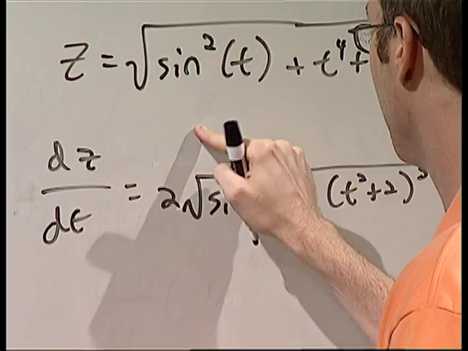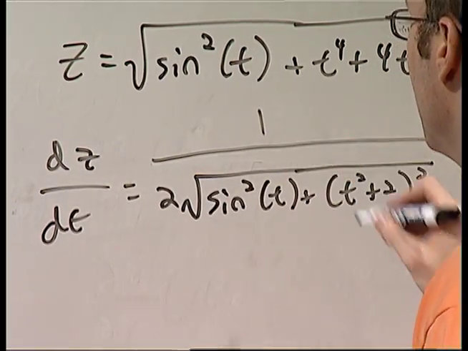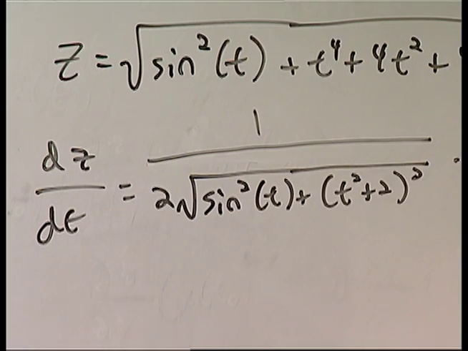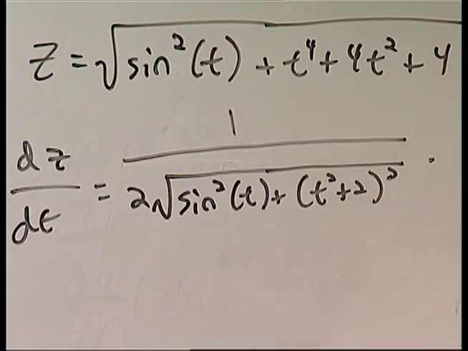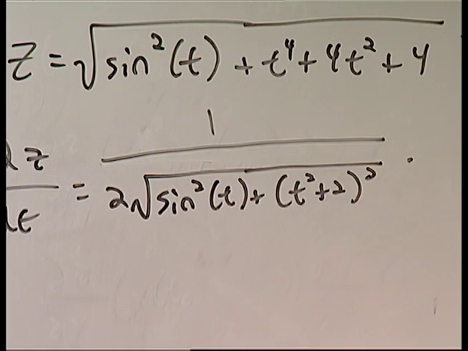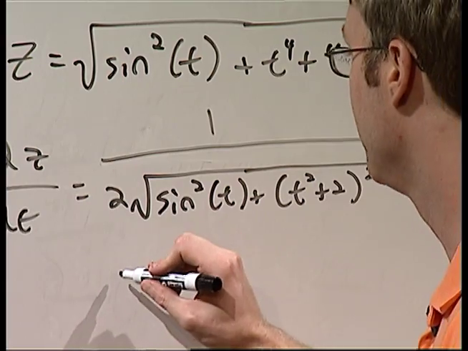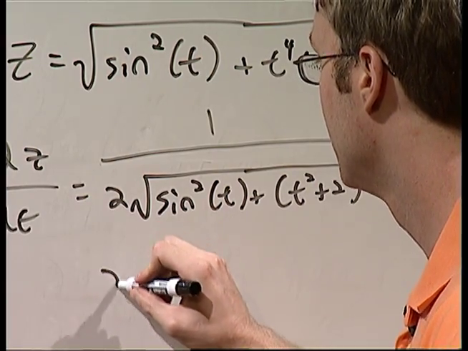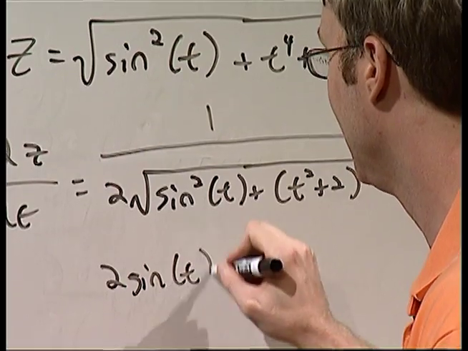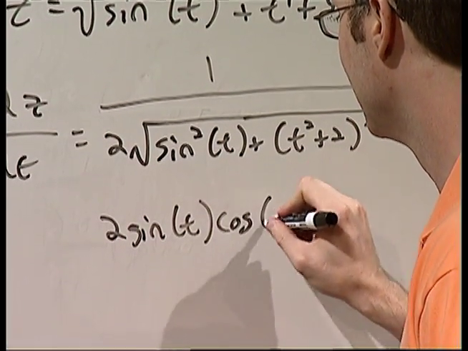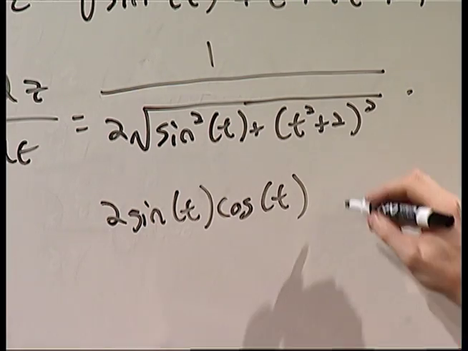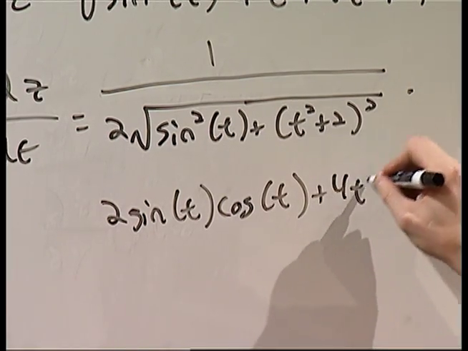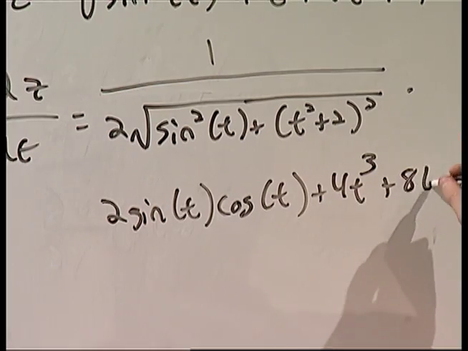Times that, and then I have to do the inside derivative, so this gets slightly irritating. This ends up being 2 sine t cosine t plus 4t cubed plus 8t.